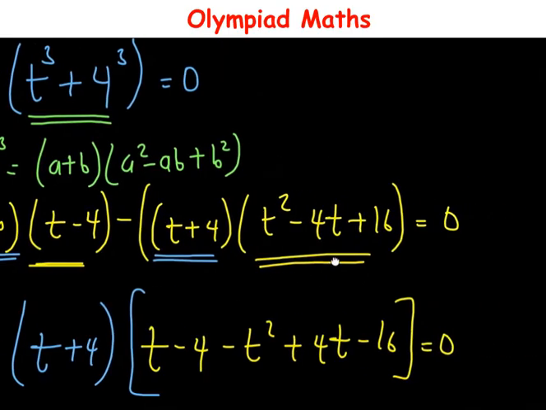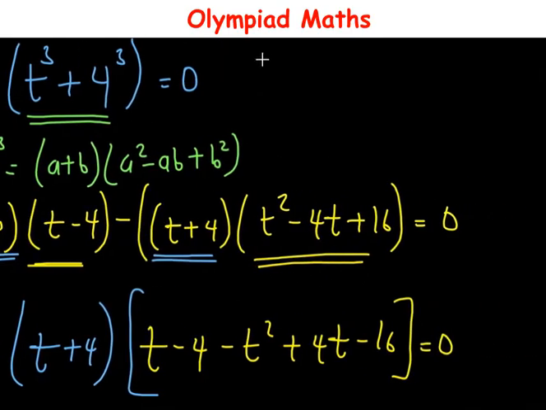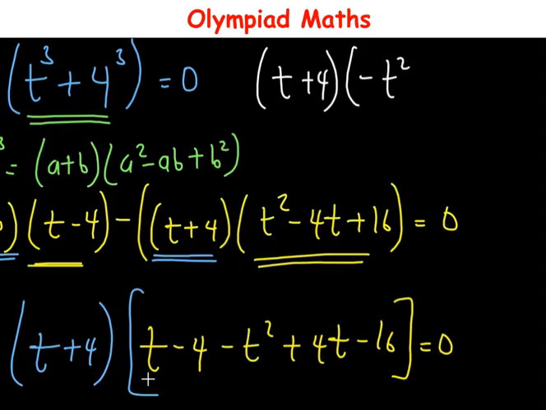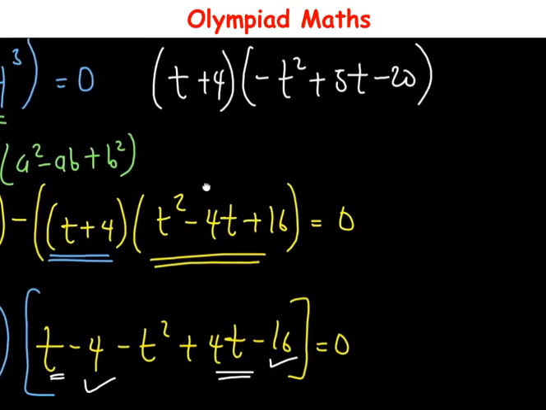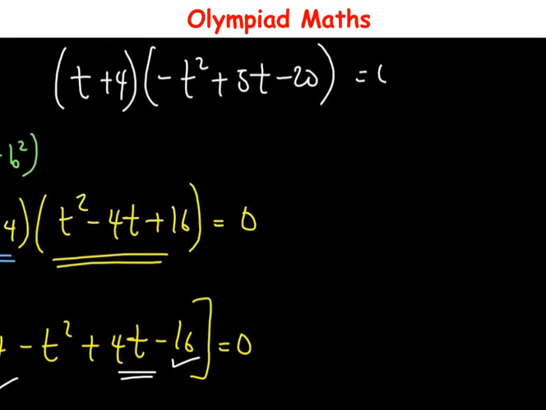So from here, we have in brackets t plus 4 multiplied by, now writing minus t squared first, minus t squared. So t plus 4t, that will give us plus 5t, minus 4 minus 16, that is minus 20, and all of this equals 0.